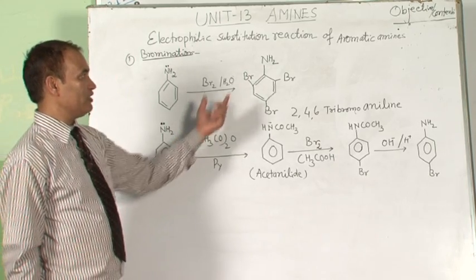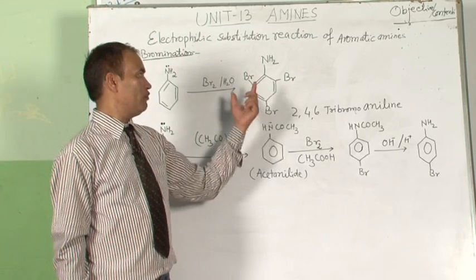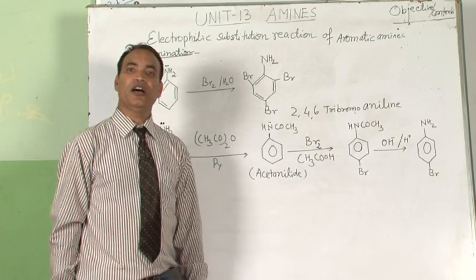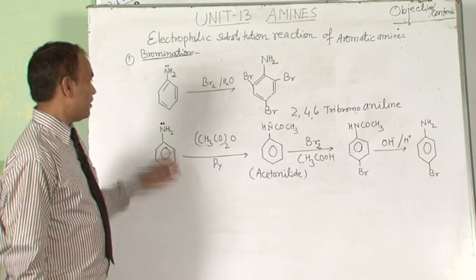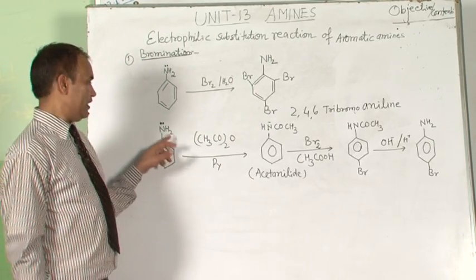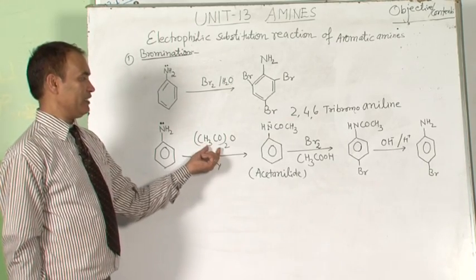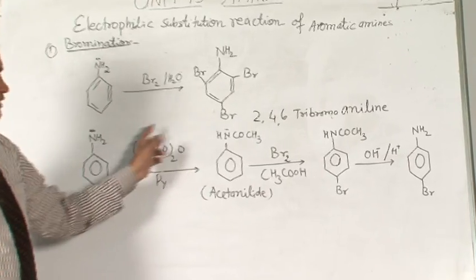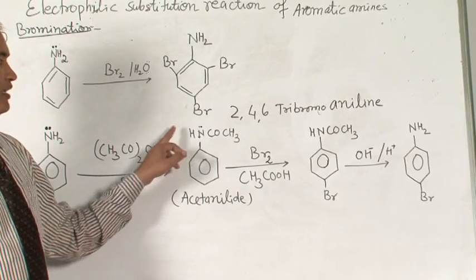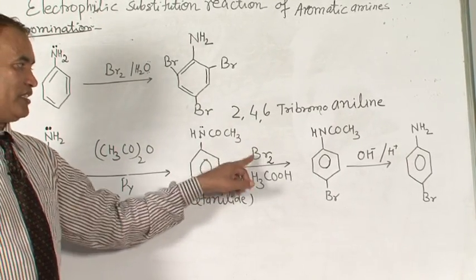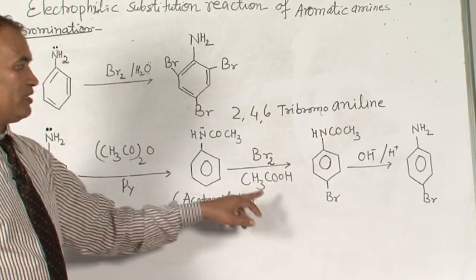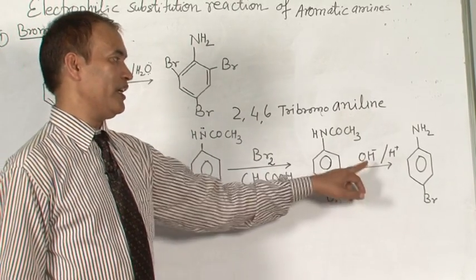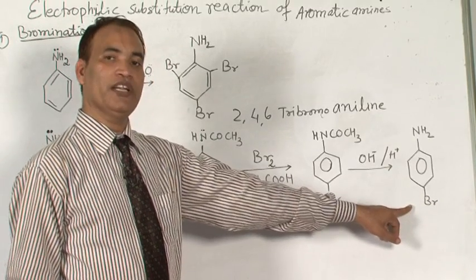If you want only the para-bromo or mono-substituted amine, the amino group is protected. Here the amino group is protected by treating with acetic anhydride in the presence of pyridine to convert it into acetanilide. After converting to acetanilide, when bromination is done, we get the bromo product, followed by hydrolysis we get para-bromoaniline.